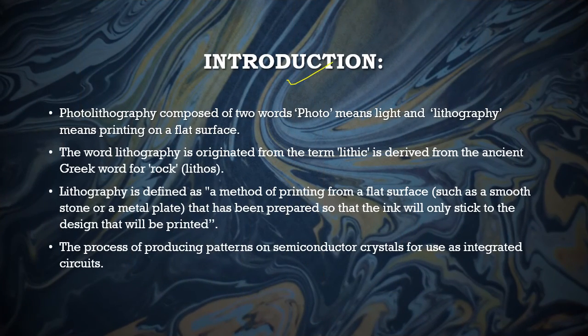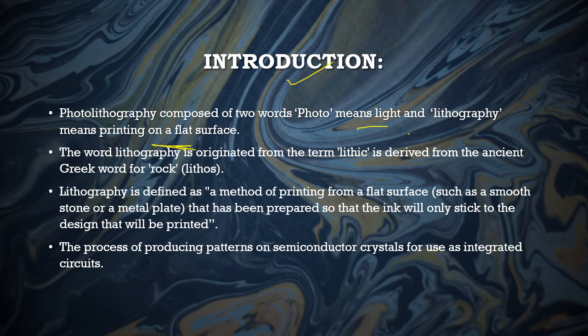So let's discuss the introduction of photolithography. The word photolithography is actually composed of two words, photo and lithography. The word lithography originated from a Greek word, lithic, which means rock in English.